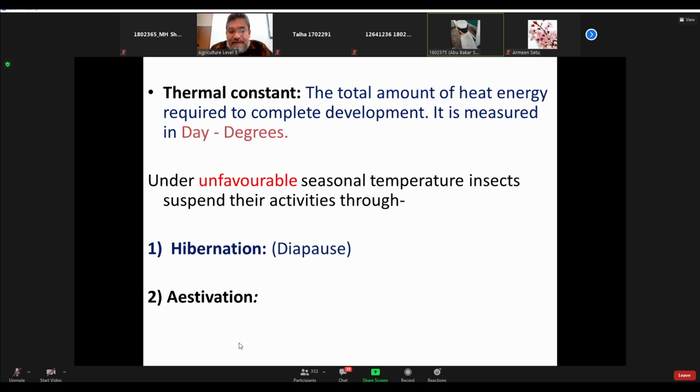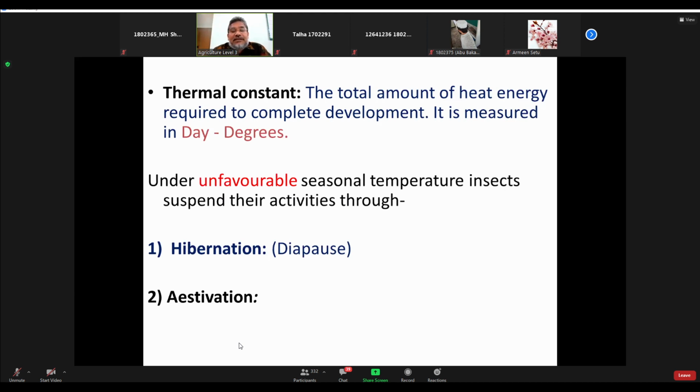Why? They can change their metabolic activity with the change in temperature of the environment. Yes, but when the temperature is too low, their rate of metabolism will be more or less zero. So they will not be able to continue their metabolic activity.